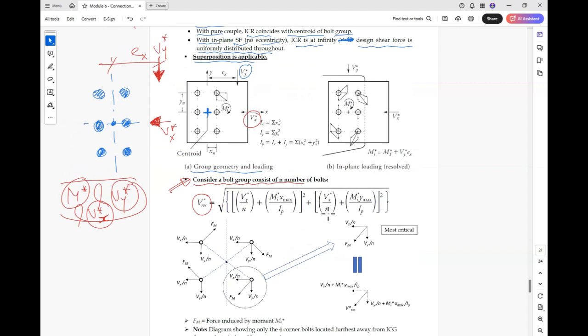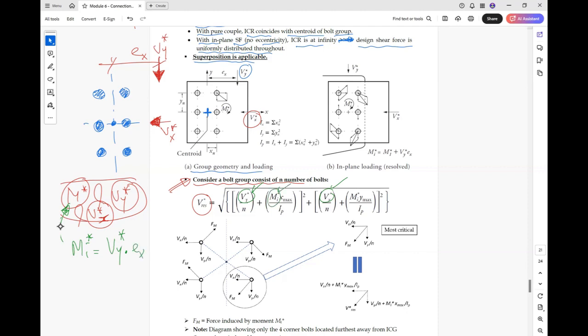Okay, so from the given data we know Vy star is the given value of shear in Y. Vx star is the given value of shear in X. Mi star is the given moment, or the moment we got. So Mi star equals Vy star times Ex, for example.